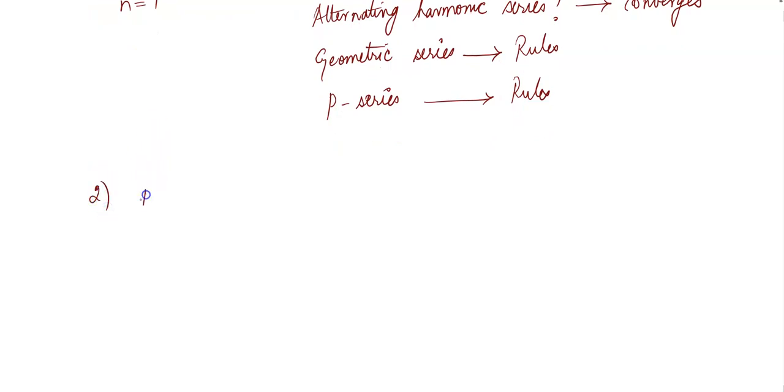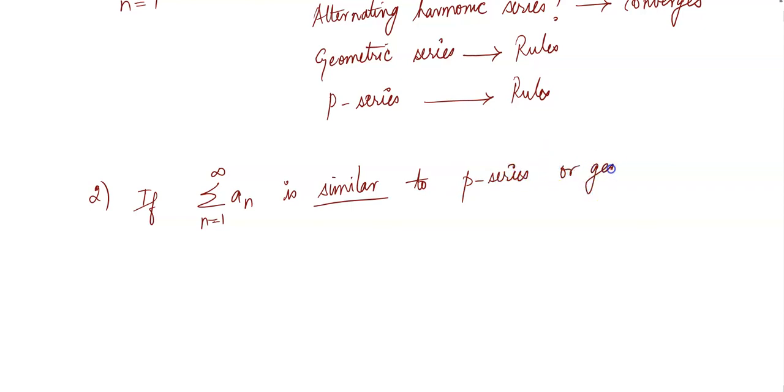Two. If your summation an is similar to a p series or a geometric series, it's similar, it's not the same, of course, then what we suggest is go for a comparison test, or a limit comparison test.